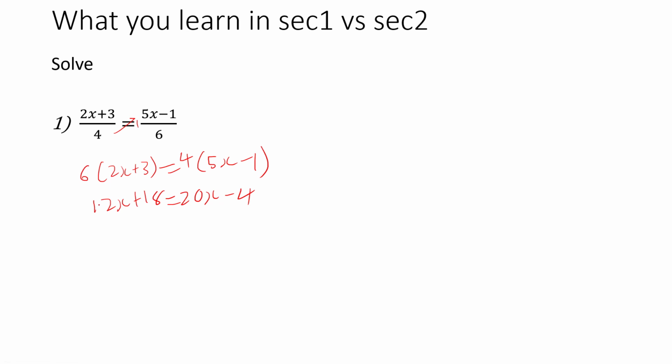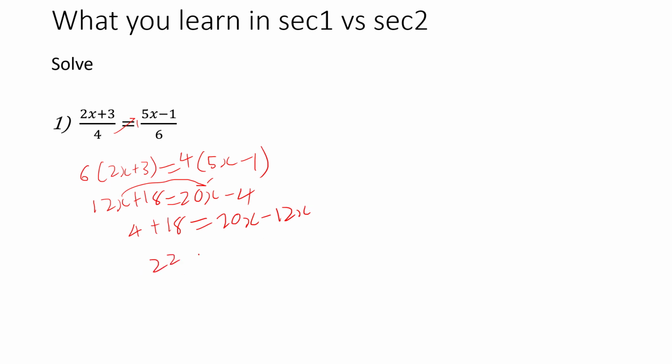So right here, you can see that I have 12x here and 20x here. And because 12 is smaller, I will need to move 12x over here. 4 I can move here, so I will have 4 plus 18 is equals to 20x minus 12x.